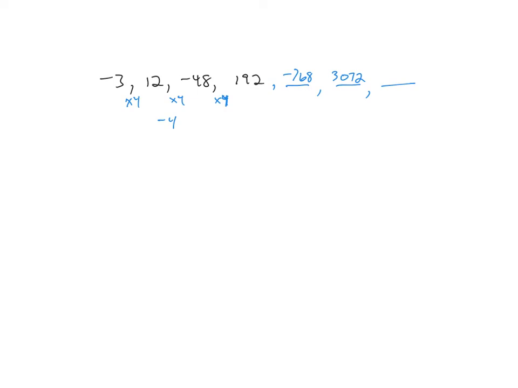And I'm going to get negative 12,288. So you could get some big ones, because when stuff is exponential and it's multiplying, times 4, or times anything for that matter, 2 maybe it goes up a little bit slower, but it gets big pretty fast.